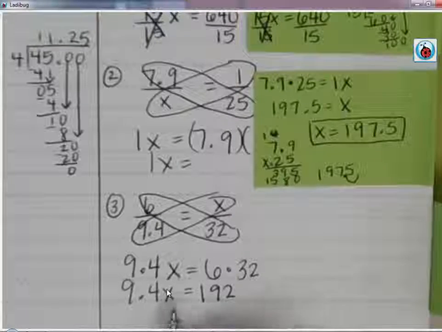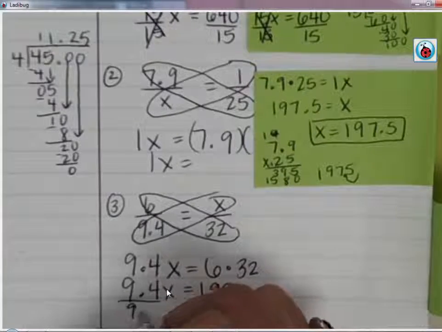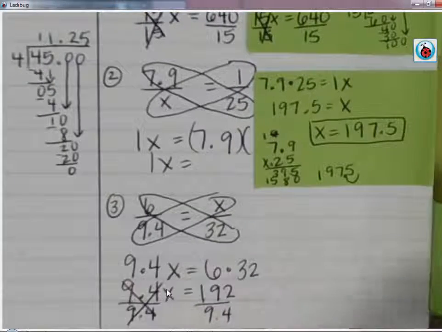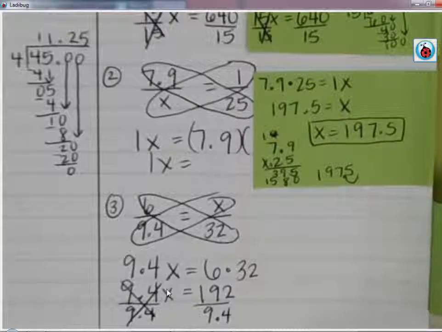How do we isolate our variable x? By dividing by the coefficient. 192 divided by 9 and 4 tenths. Work it out. Substitutes, if you wouldn't mind pausing it, please.